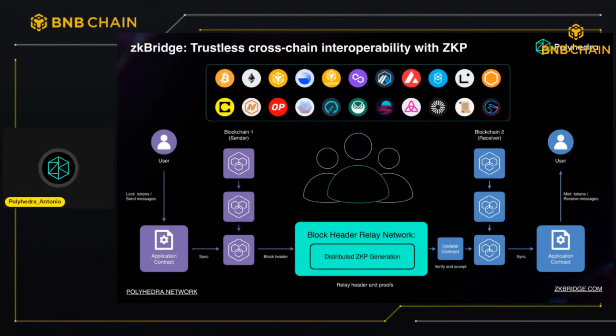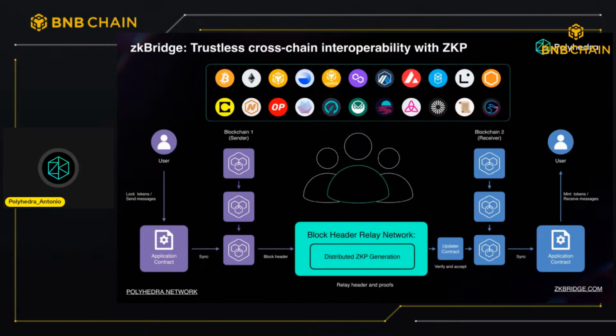There are multiple ways of doing it. Some other projects may use a more centralized approach, such as node delegation, multi-party computing, etc. But here at Polyhedra Network, we are providing a trustless way of doing this, which is through zero-knowledge protocols.